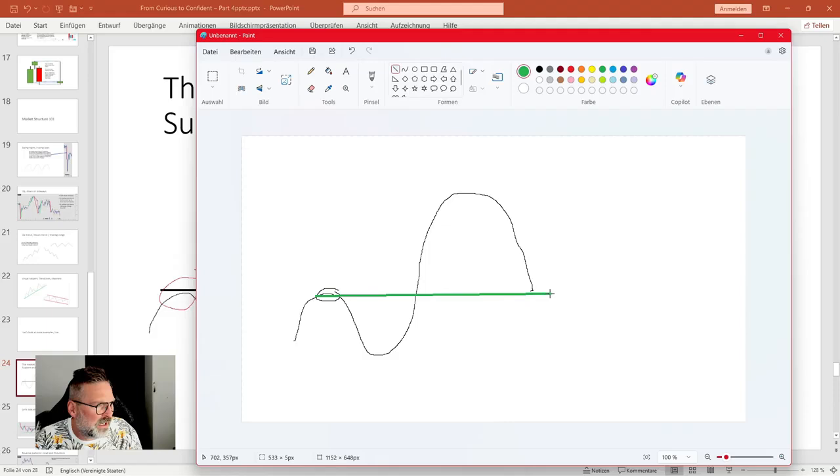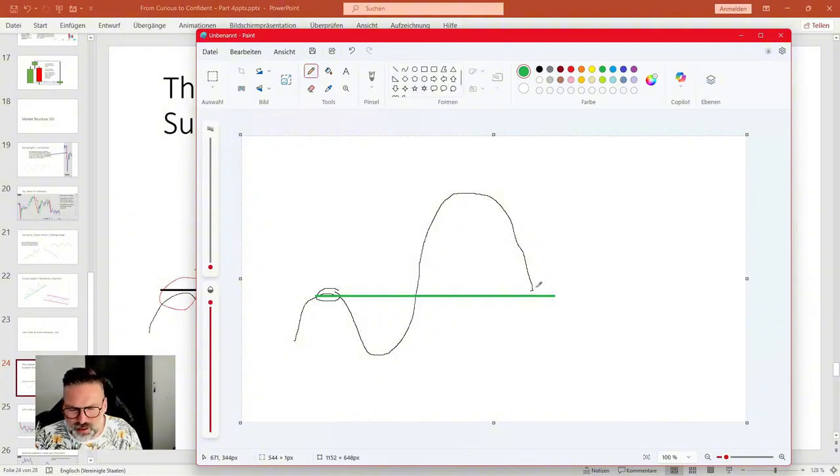I'm just drawing a line here to illustrate that. Then either it works or it doesn't. We don't know what happens, but there is a probability that from here the market will continue up. You could trade that by buying here, putting a sensible stop loss here, and trying to target the highs here.